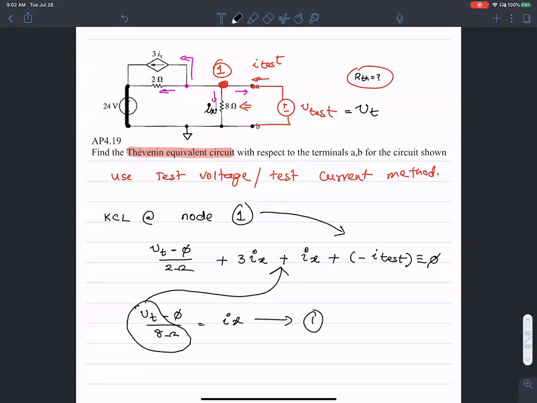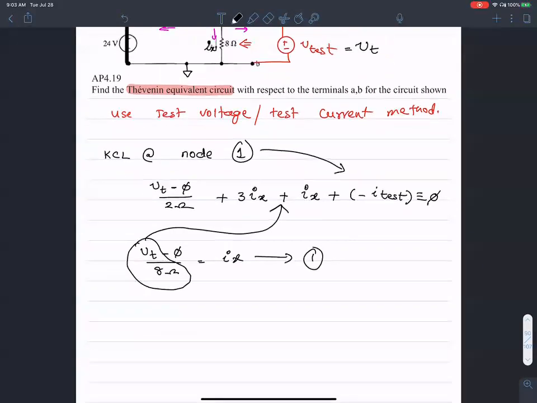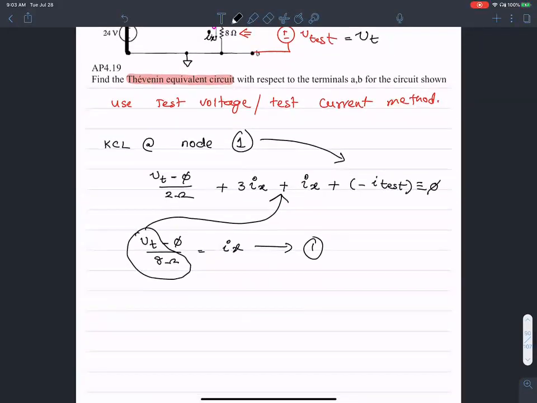I can massage these equations and see that this comes out to be V test over 1 by 2 ohms plus, see this 4 Ix, all of that I can write as V test over 2.